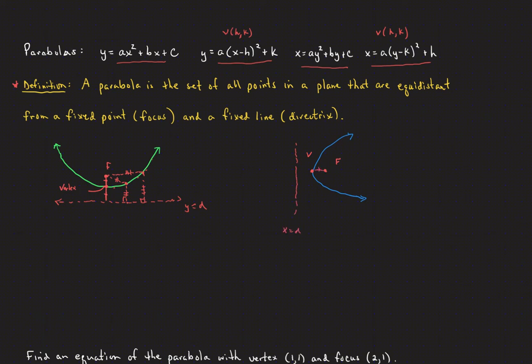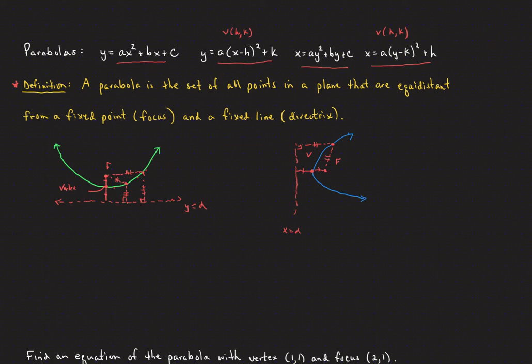Again, the distance from a point on the curve to the focus is the same as the distance from the point on the curve to the directrix, for any point that we pick.